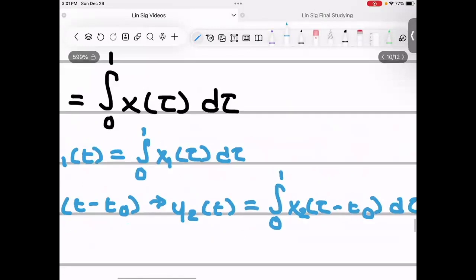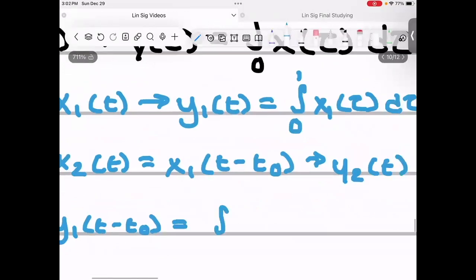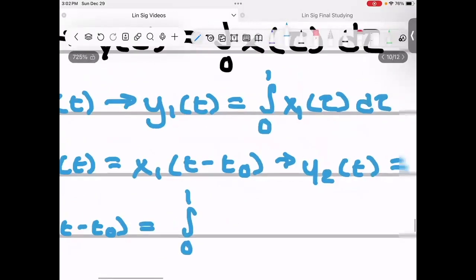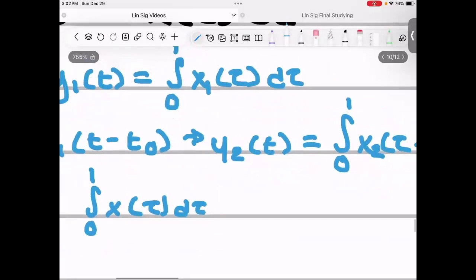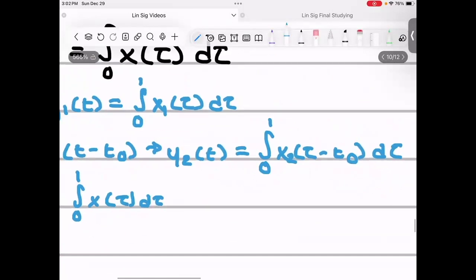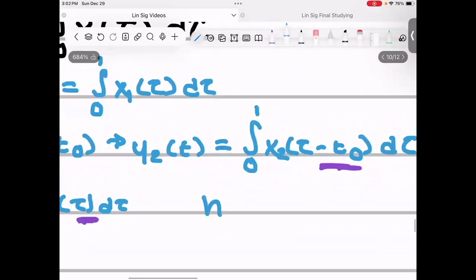This is x2 of t, that's x1 of t. But now if we solve for y1 of t minus t naught directly, we're going to put in the t minus t naught wherever we see a t. So x of tau, d tau, we just got through the entire thing without seeing any t's because it's not dependent on t. Therefore, because there's a minus t naught here and no minus t naught here, it's not time invariant.